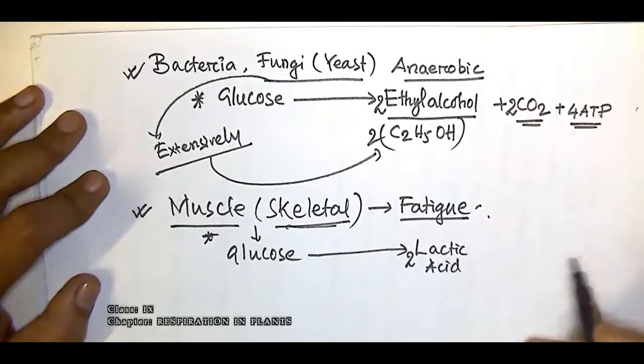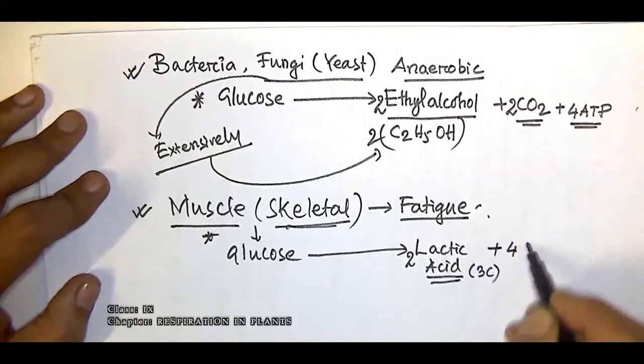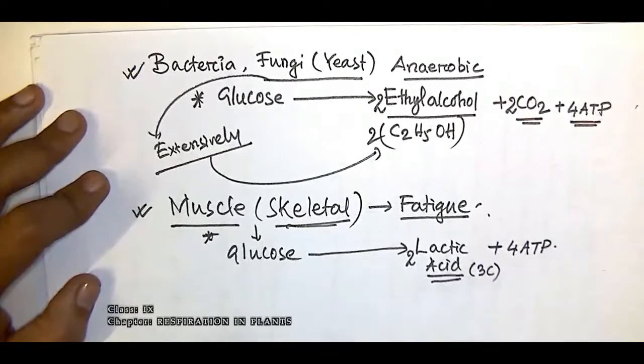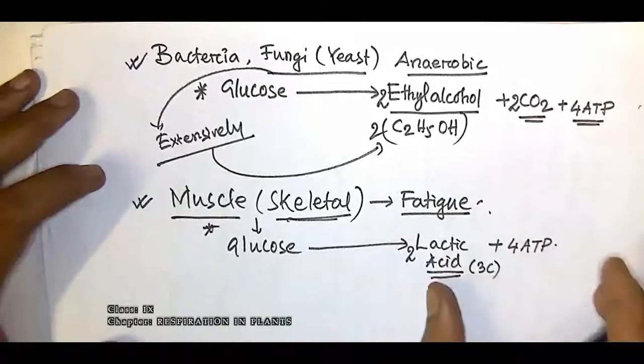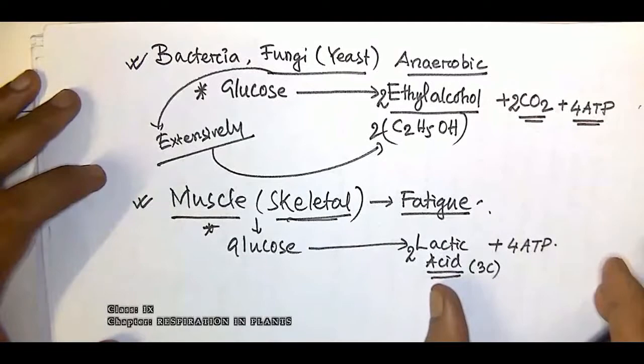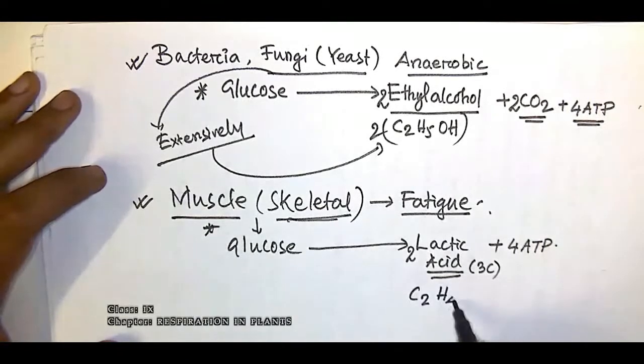How many molecules of lactic acid will be produced? 2 molecules, because lactic acid is a 3 carbon compound. And along with this, 4 ATPs will also be produced. So I believe till this much it is absolutely clear to everyone, right? Now, if you look into the formula of lactic acid, it becomes more clear that it is C2H4OH, okay, this is the molecular formula.